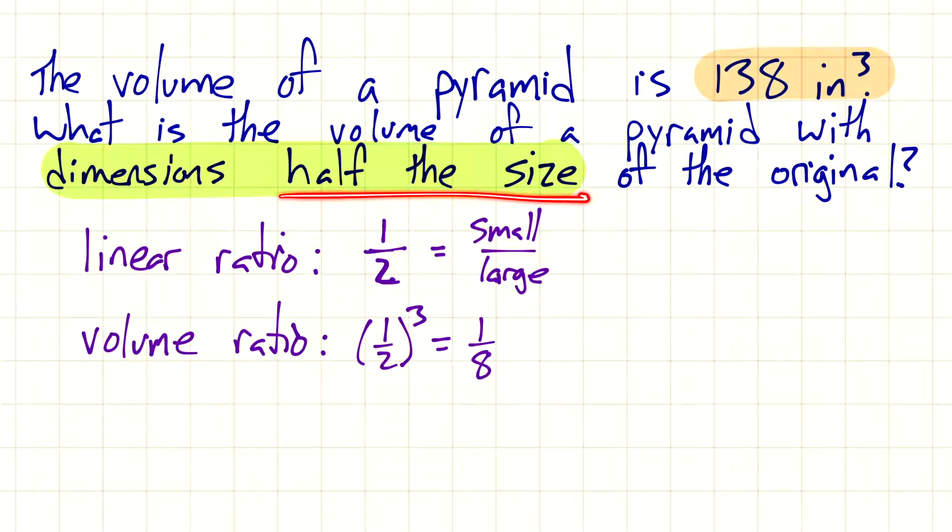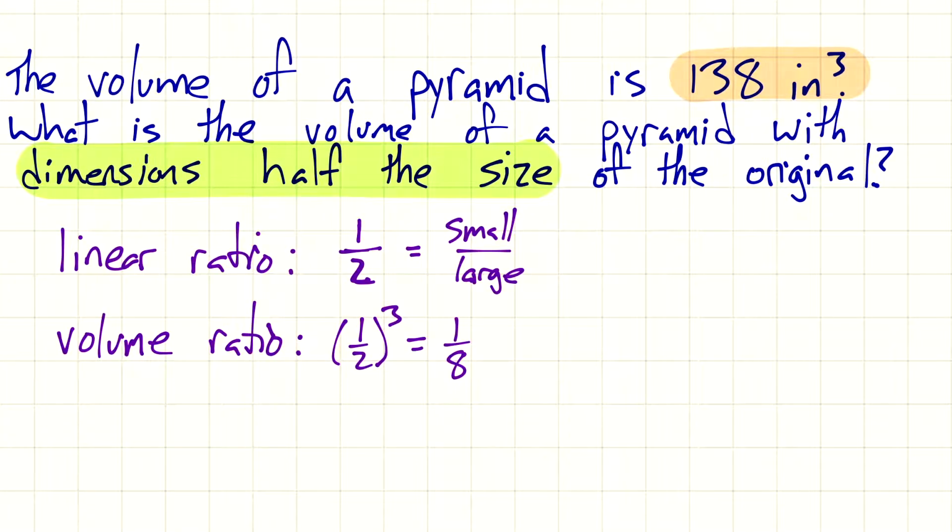Right, so it says dimensions, again, that's telling us the side lengths, half the size. So right away they've told us the linear ratio is going to be 1/2. So this shape is going to get smaller. Then, using that information, we would calculate the volume ratio.